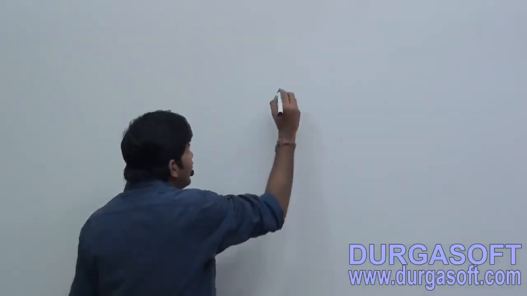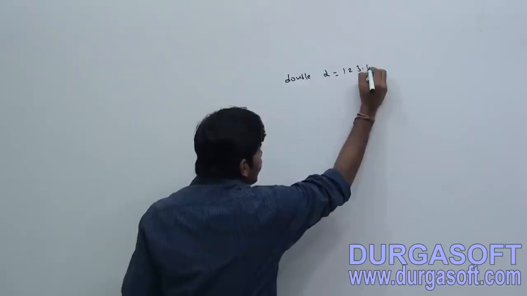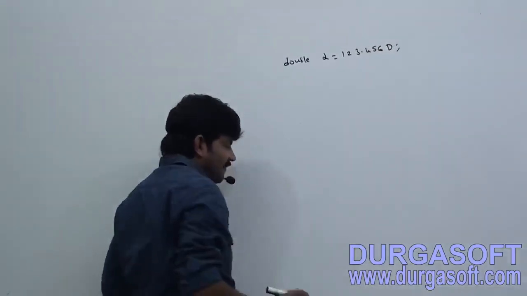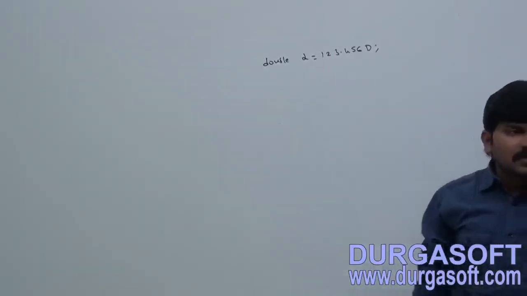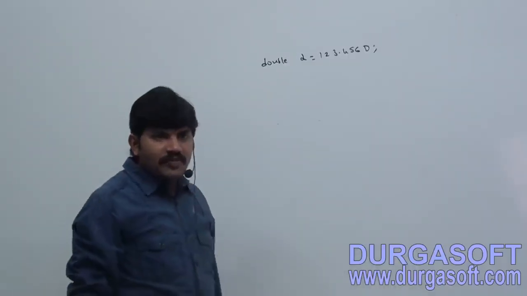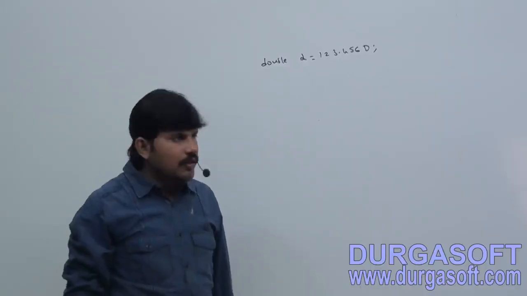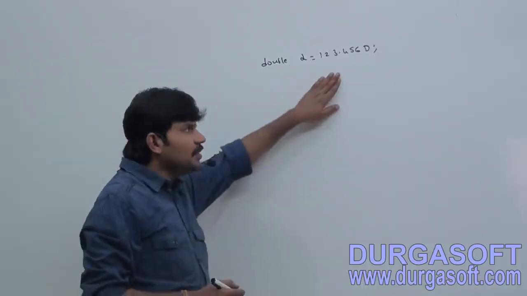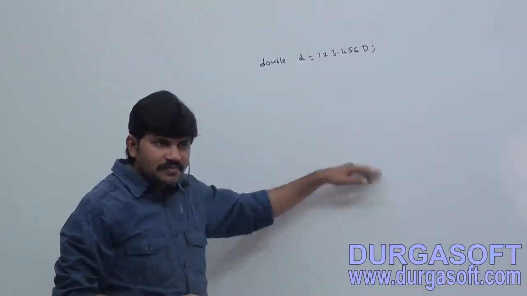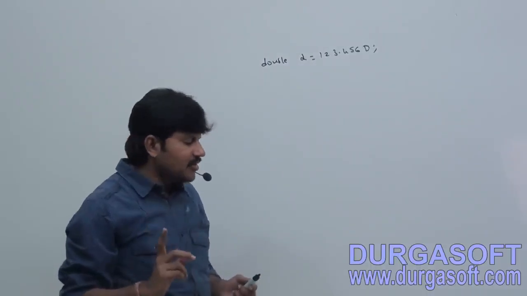Observe, my line here: double d is equal to 123.456 capital D. Because small f or capital F means float, small d or capital D means double. Valid or not? Valid or invalid? 100% valid, this one is.